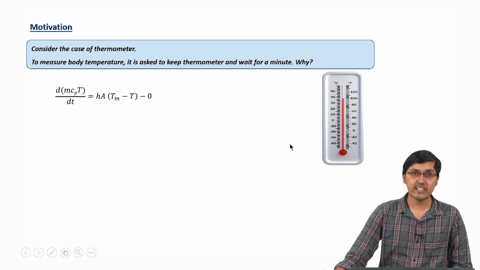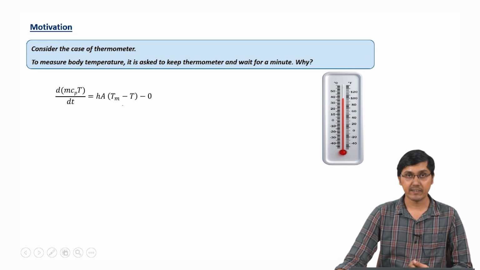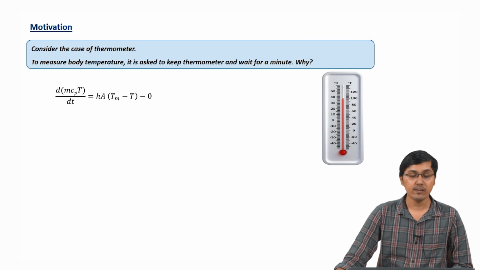Writing the energy balance equation for the thermometer, we can write this particular equation wherein this is the energy accumulation and this is the heat flow into the thermometer. T is the temperature of the thermometer and Tm is the temperature of the measured entity, like the body.